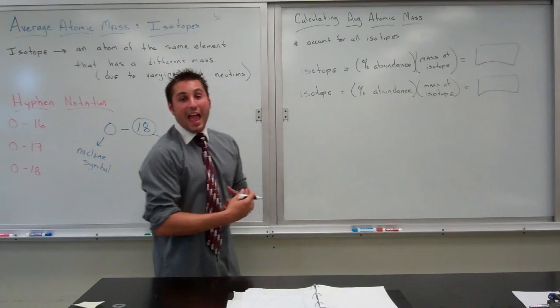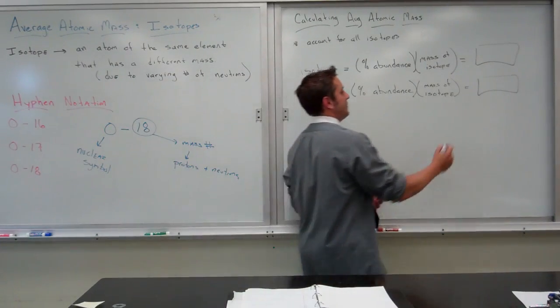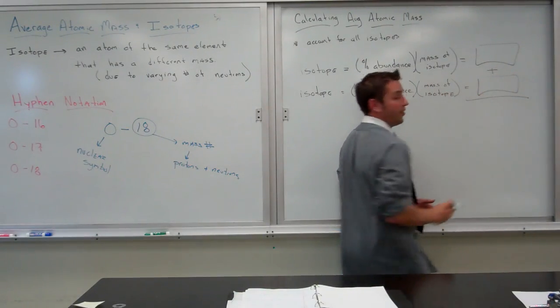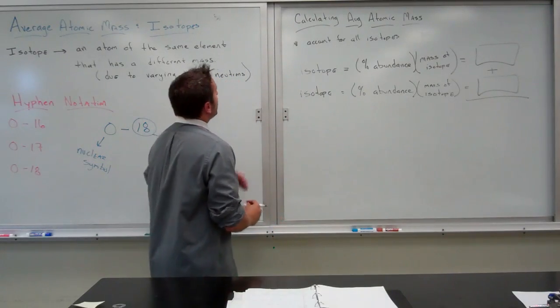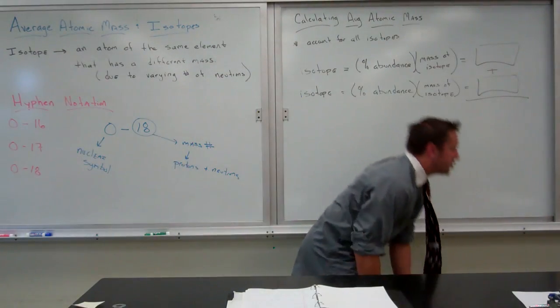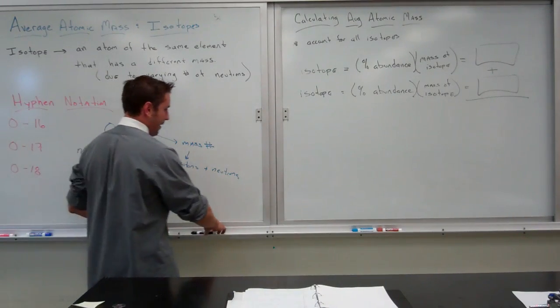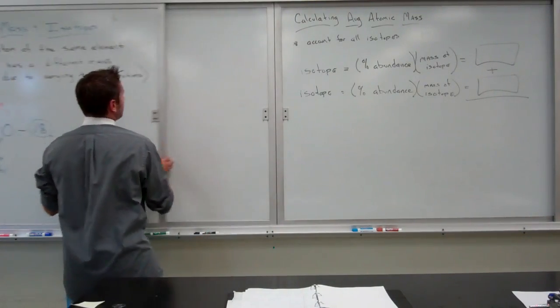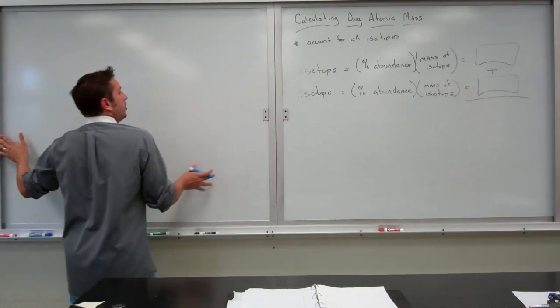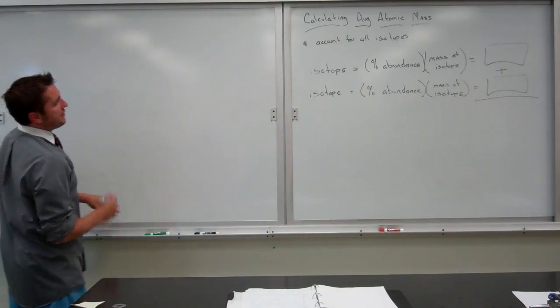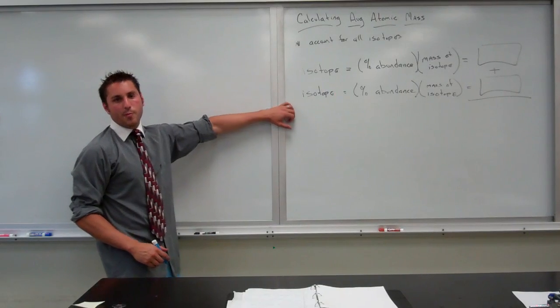Then, to get the average atomic mass, I simply add those numbers together. So we're going to take a look at an example or two of this and show you how we get the average atomic mass of something on the table. So I'll leave that formula right there so we can refer back to it.